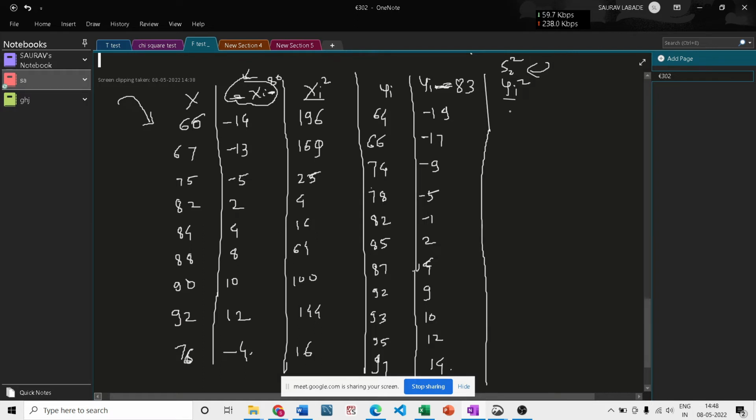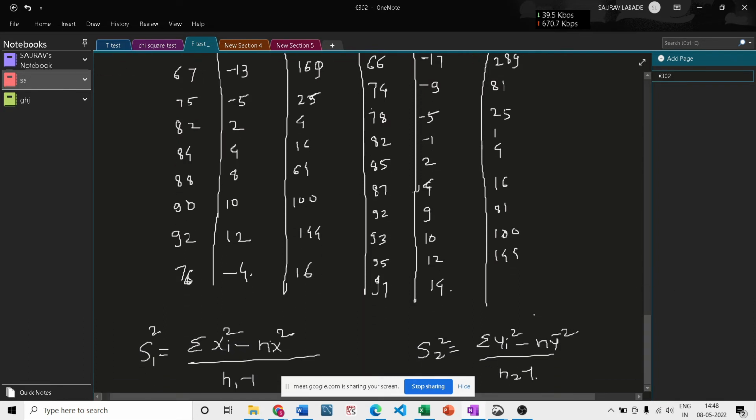Here the squares of the y values are 361, 289, 81, 25, 1, 4, 16, 81, 100, 144, and 14 square is 196.